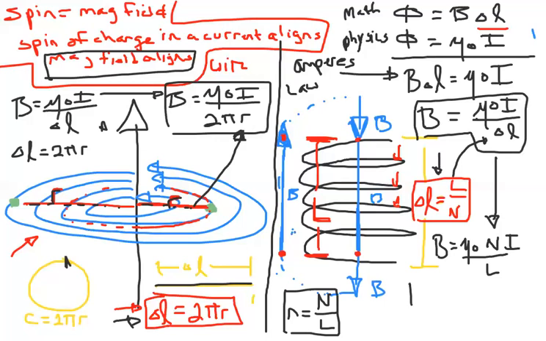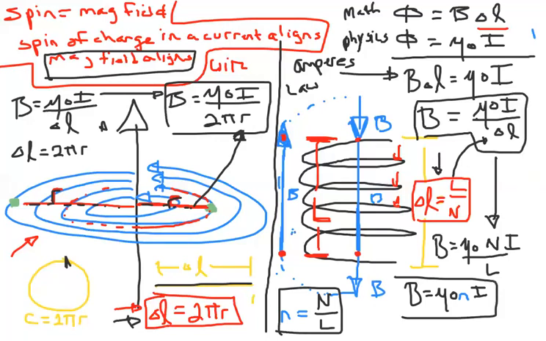So we can make this look nicer by saying mu naught little n I. But remember that little n is another variable, it's this one over here. Either one works, but these are the equations for a solenoid.